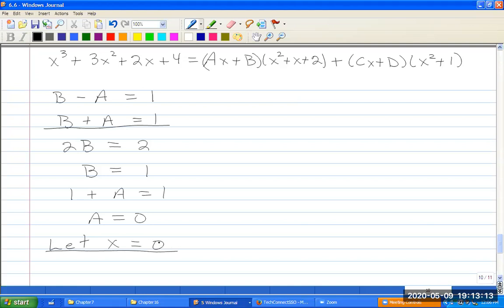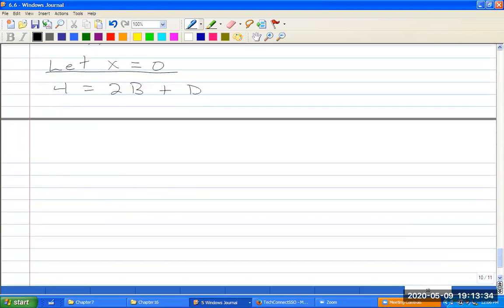Okay, so I get 4 is equal to B times 2 plus D times 1. Okay, and I got B was equal to 1. Okay, so 4 is equal to 2 plus D. So D is equal to 2.